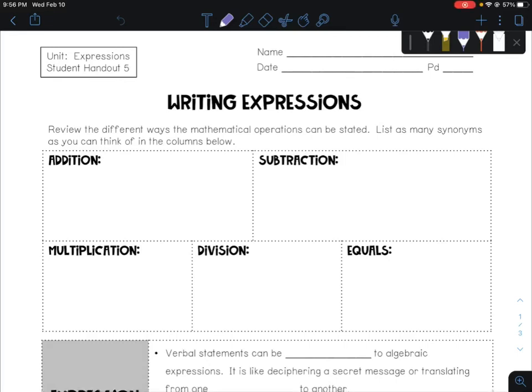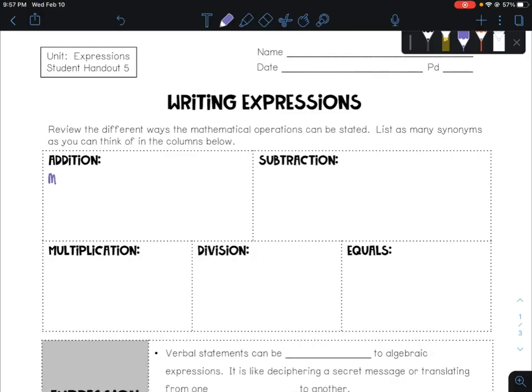For lesson 5, we'll be talking about writing expressions. To start, let's make a list of some of the vocab words that we know that mean each operation, okay? So words that you know mean addition. Let's see.